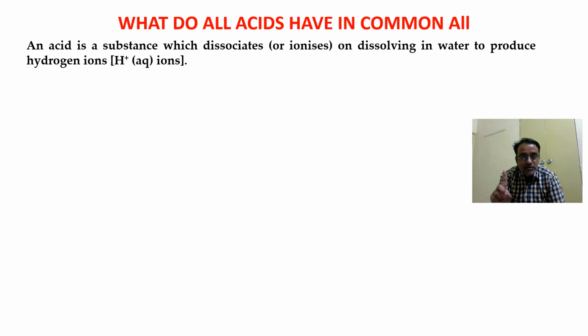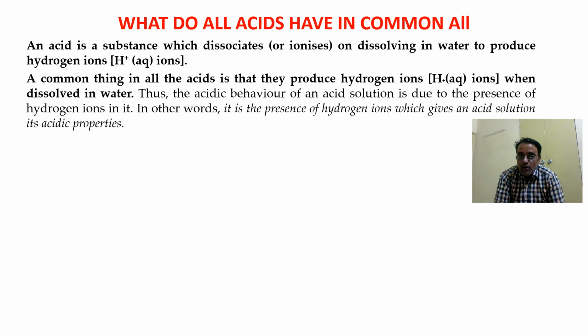Hydrogen is a cation, it is plus, and chlorine is an anion, it is minus, right. So a common thing in all the acids is that they produce hydrogen ions, that is H plus, when dissolved in water. Thus the acidic behavior of an acid solution is due to the presence of hydrogen ions in it. In other words, it is the presence of hydrogen ions which gives an acid solution its acidic properties. So this is common in all the acids.